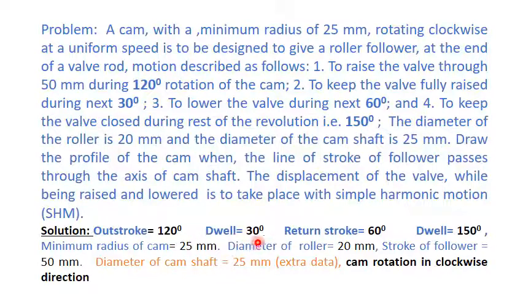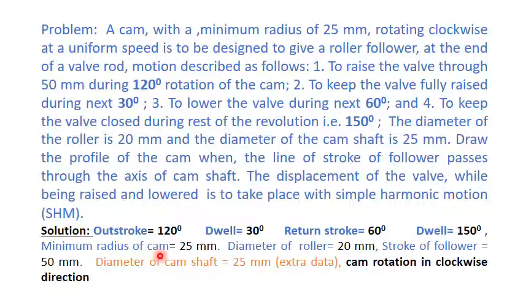Then after there is a dwell, it will remain at the lifted position for next 30 degrees of cam rotation. Then for next 60 degrees the follower will return back to the base circle. Then again at base circle there is dwell for remaining 150 degrees of cam rotation.